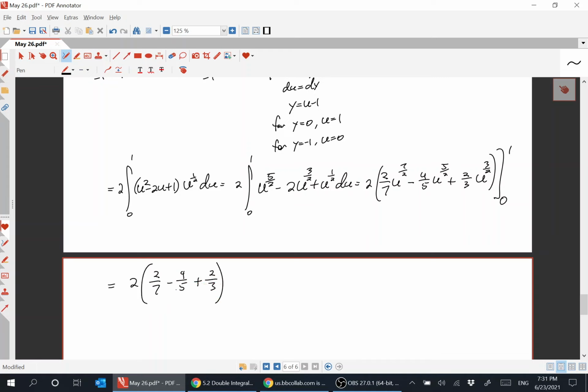The common denominator of 7, 5, and 3 is just their product, which is 105. So it's 2 times, so 15 times 2 is 30. 4 times 21 is 81. Yeah, and then 2 times 35 is 70. So this is equal to 100 minus 81 is 19.